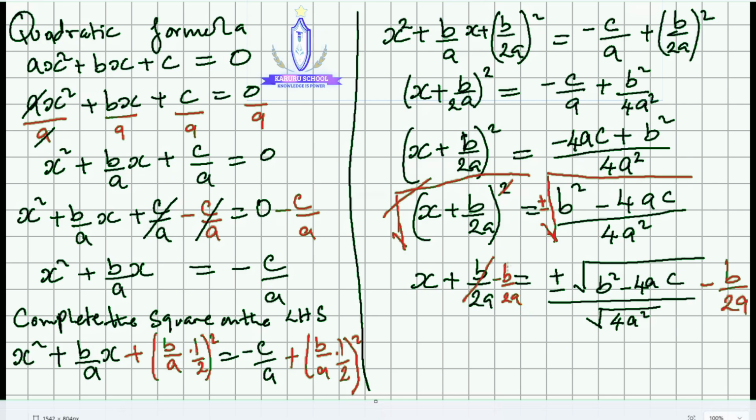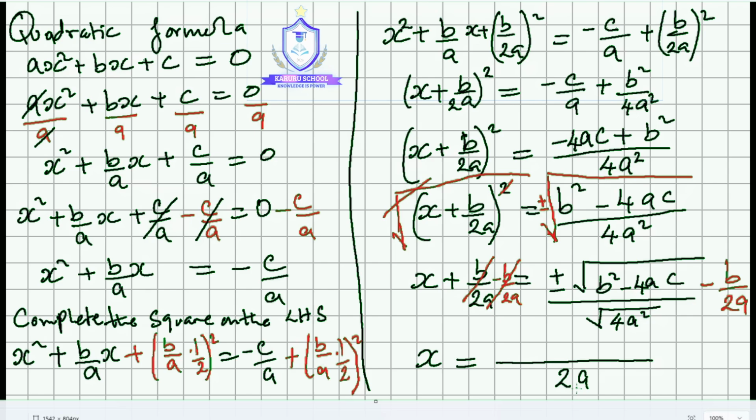So you realize that this b over 2a cancels out and we remain with x equals, on the right hand side, the square root of 4a squared. The square root of 4a squared is 2a, and please note that this 2a is the same as the denominator of negative b.